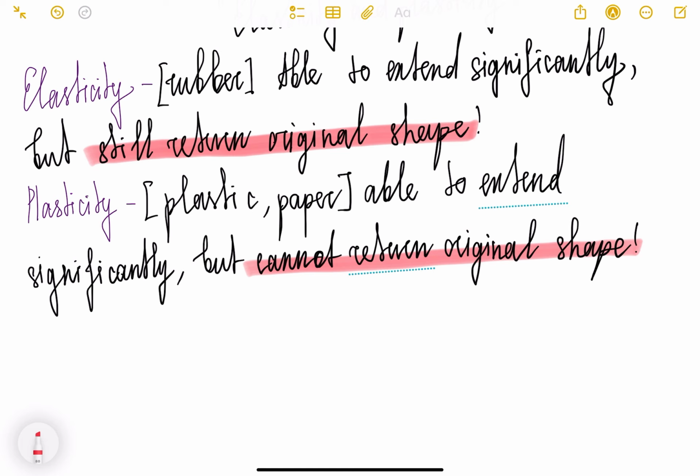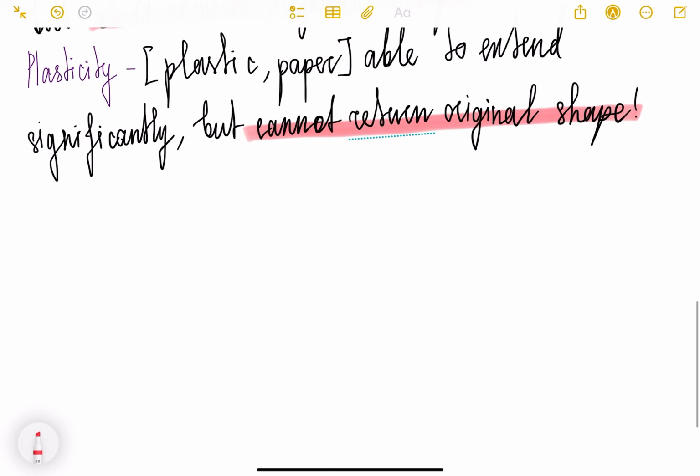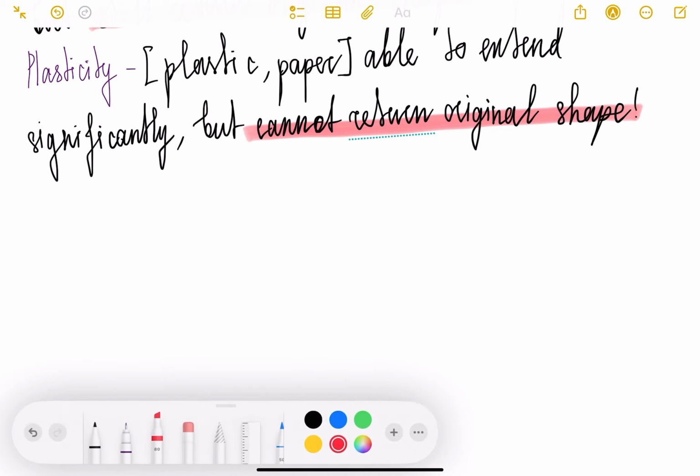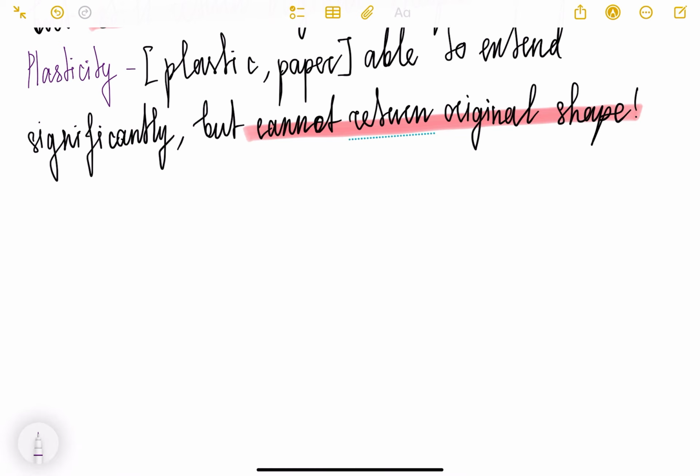And there are some words, stiff and brittle. What are they? Stiff. According to my lecture slide, if a material has very low elasticity and is strong, engineers say it is stiff.